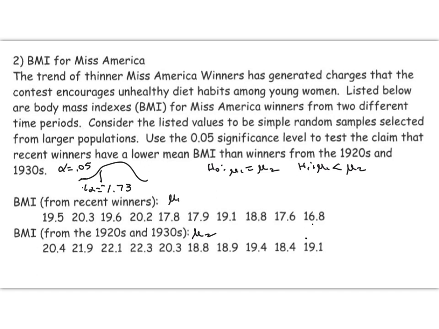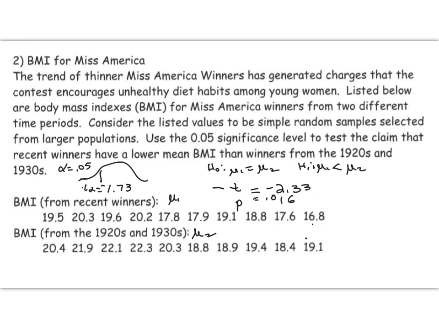So I'm choosing data, and then list 1, list 2, frequency 1, frequency 1. I'm going to choose a left tail test. I'm not pooling it, and calculate. I get a t-value, or a test statistic, of negative 2.33 and a p-value of 0.016.